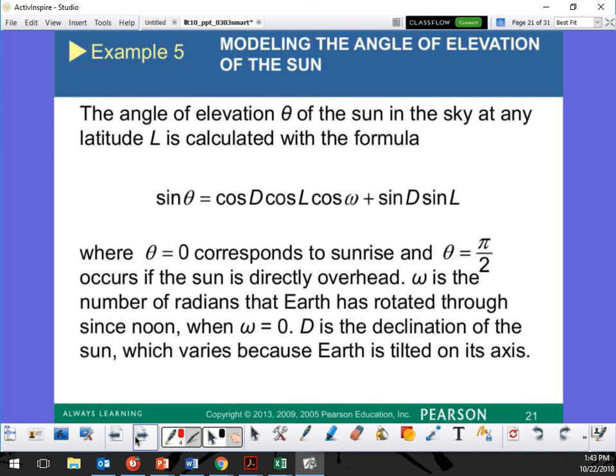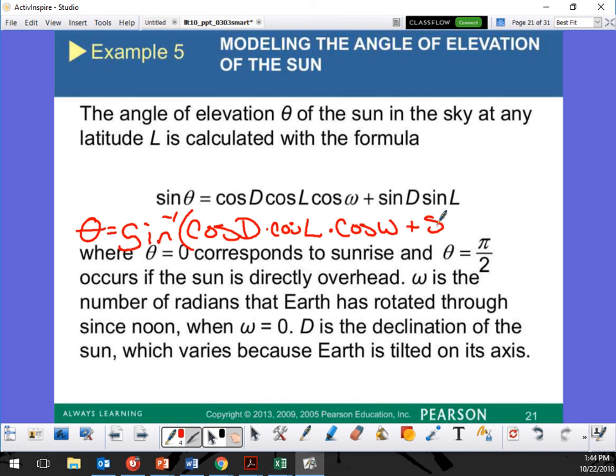So you would say theta equals inverse sine. I don't know why I said cosine. So cosine of whatever the D is times cosine of whatever the L is times cosine of whatever the W is plus sine of the D times sine of the L.